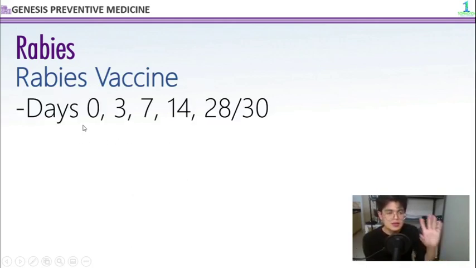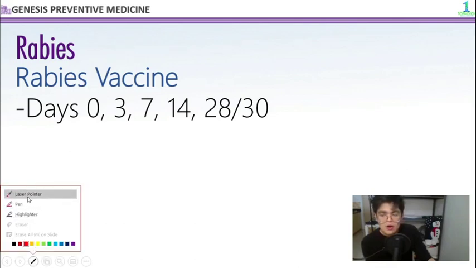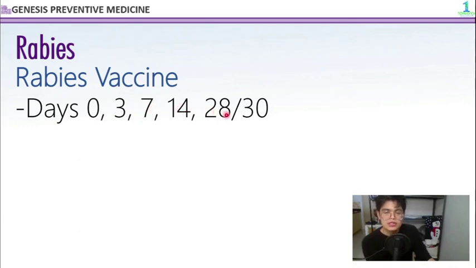Generally, the schedules on which days the rabies vaccines are given depend on the recommended regimen for the area and the available brands. But generally, the days on which the vaccines are given fall under these: 0, 3, 7, 14, 28, or 30. So there are some 3-dose schedules, there are some 4-day schedules.